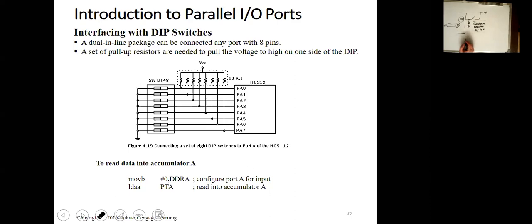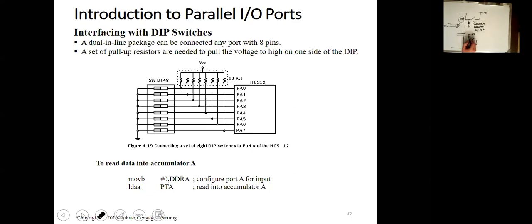Another way to do it is to connect the resistor to +5, for example, and put the switch here. This is just the opposite case.